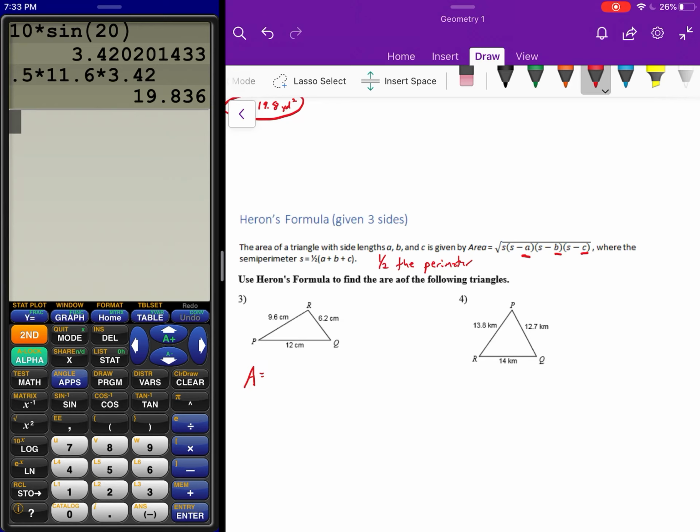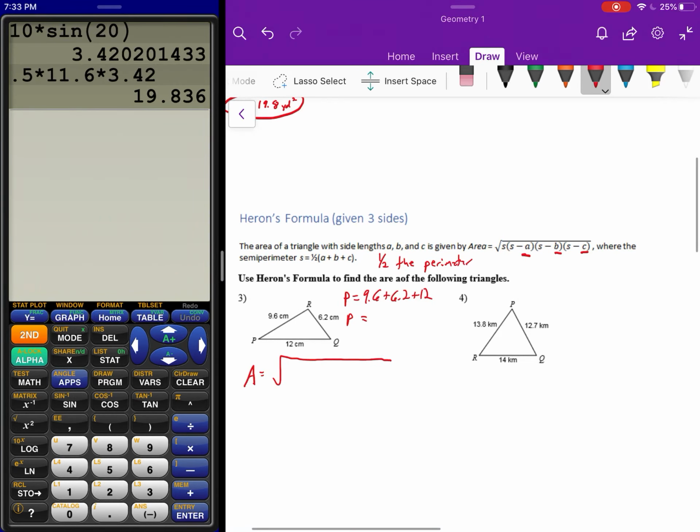So it's pretty straightforward. We want to find this area using Heron's formula. It's going to be the square root of s. Well, we need to find s. S is the semi-perimeter, so we'll find the perimeter first. That's going to be adding them all together, 9.6 plus 6.2 plus 12.